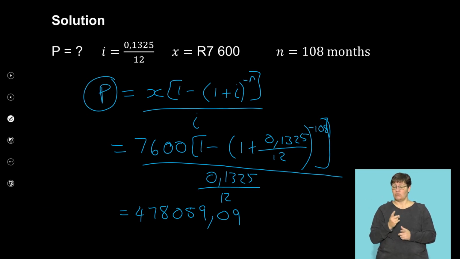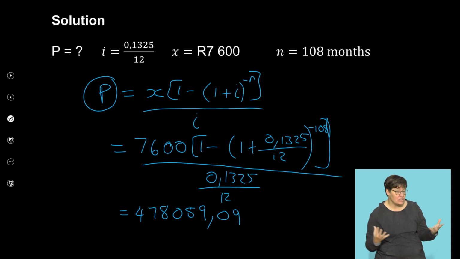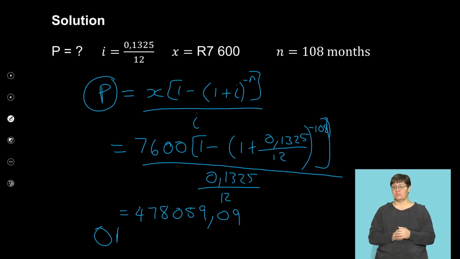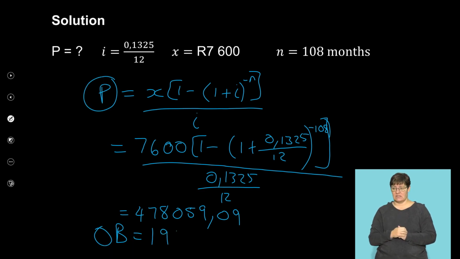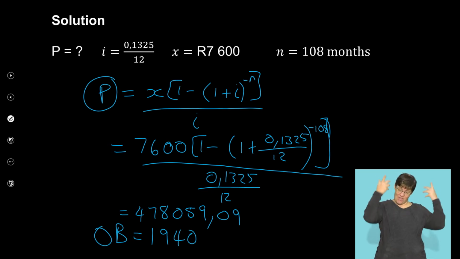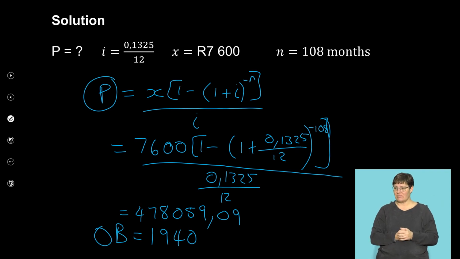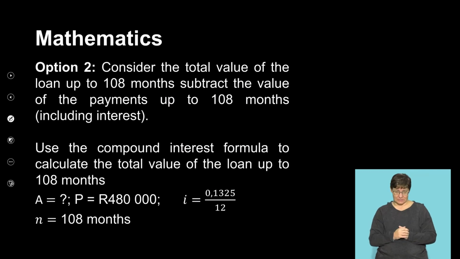So the outstanding balance, OB, will actually be 1,940. So this will be the last installment after the 108th installment. So my 109th installment will be way less than what I initially started with.